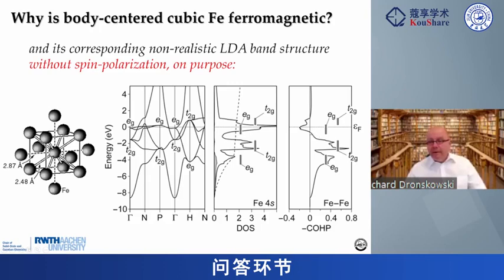For example, in manganese, you have a tendency towards antiferromagnetism. For chromium, you clearly have antiferromagnetism. Then you go to iron, which is ferromagnetic. Then you go to cobalt, which is still ferromagnetic. Then you go to nickel, which is still ferromagnetic.